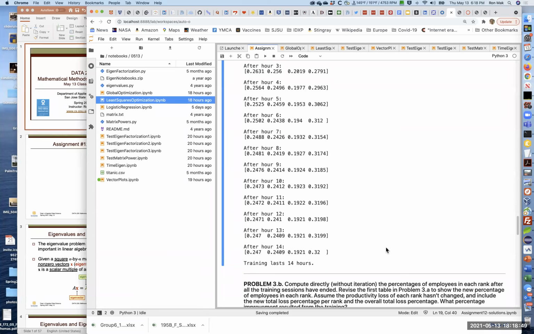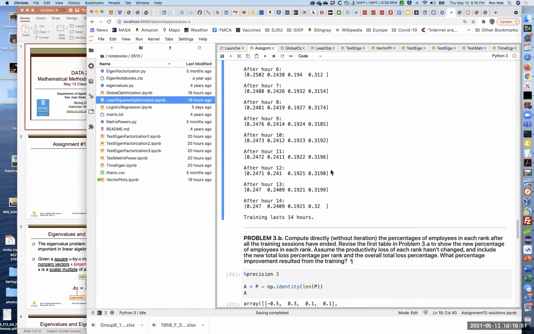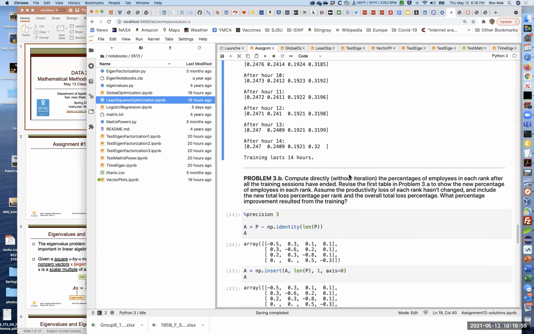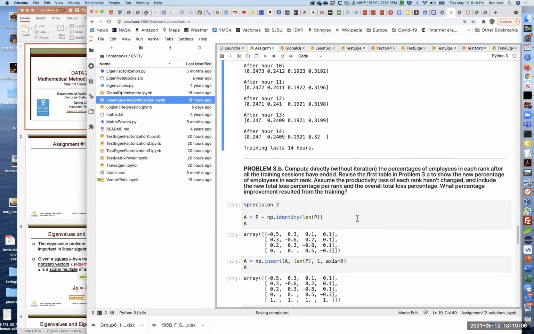Now, without iteration, could we have calculated this new vector? What I showed you in class was that, yes, if we set it up as a system of equations, then we can apply our algorithms for solving that system.